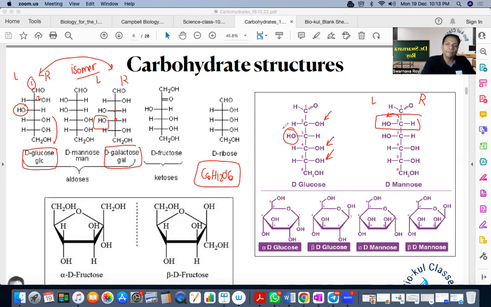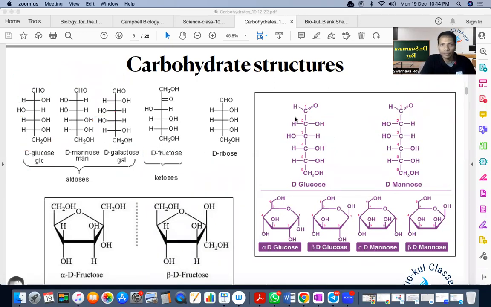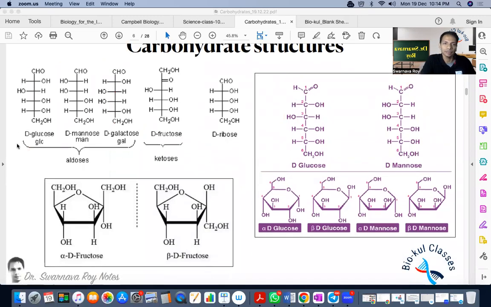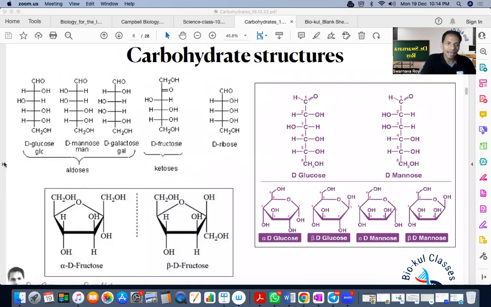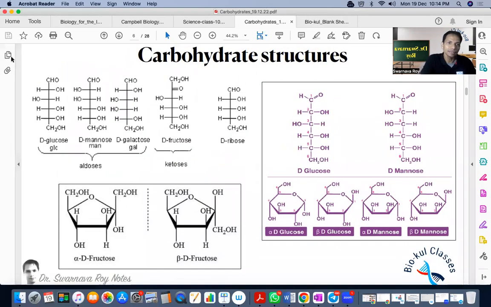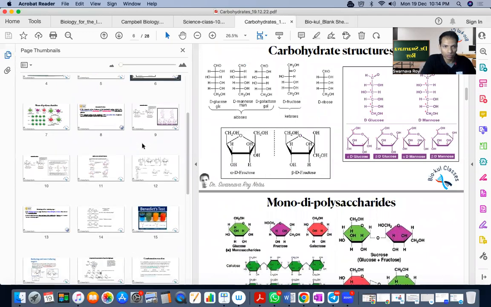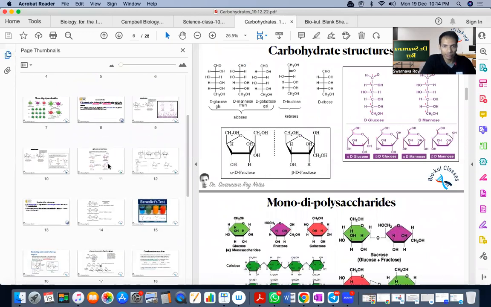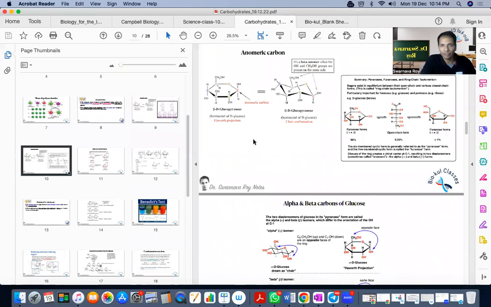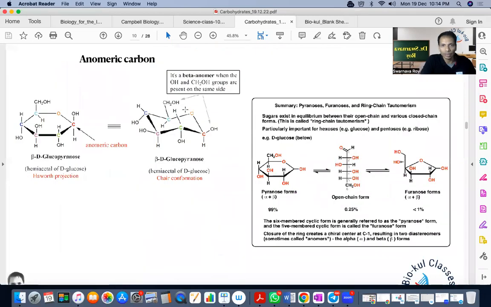So now we will learn the concept of what is a reducing sugar and what is a non-reducing sugar. I have said that anything which has a free anomeric carbon, so let's look at this concept. This is the anomeric carbon, you see.